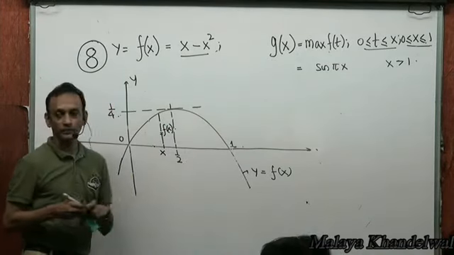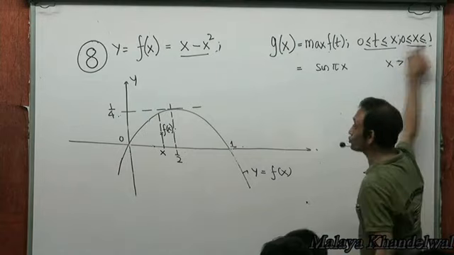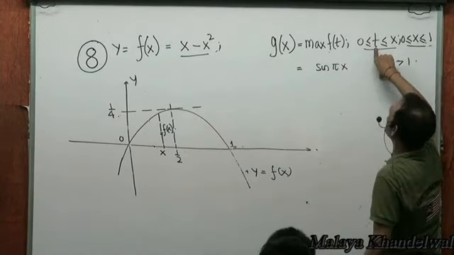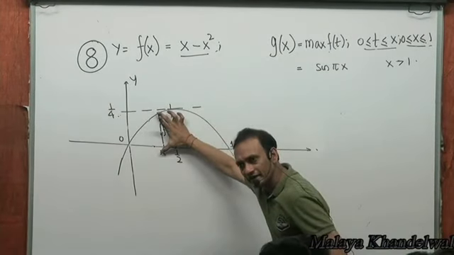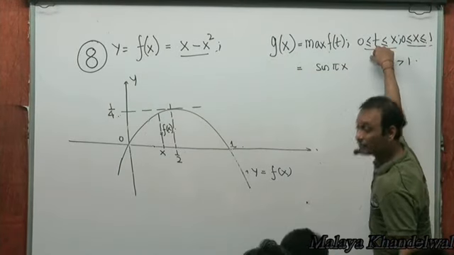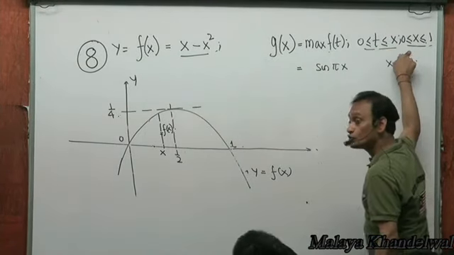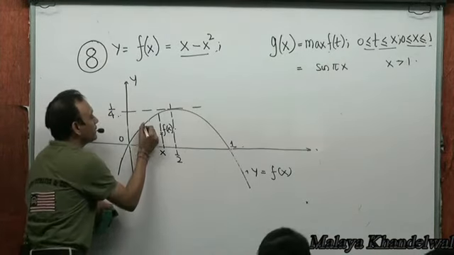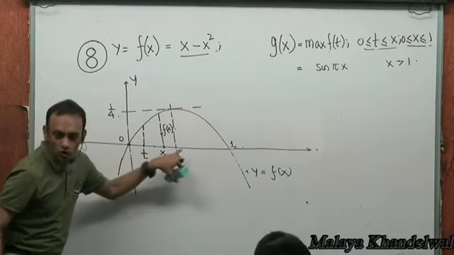It says, in order to find g(x) at a given x which lies in the interval 0 to 1, given the knowledge of f(x), pick a running variable t. That t will run from 0 to x.